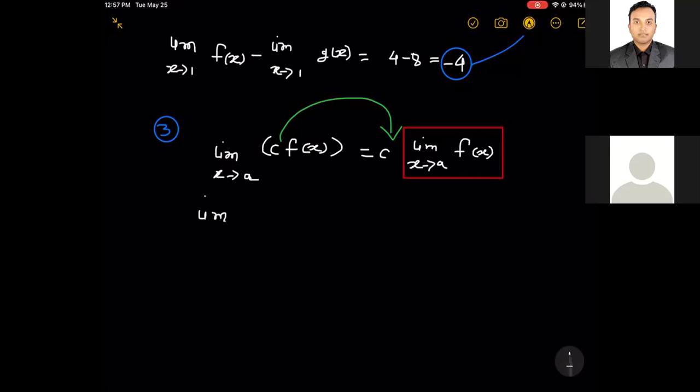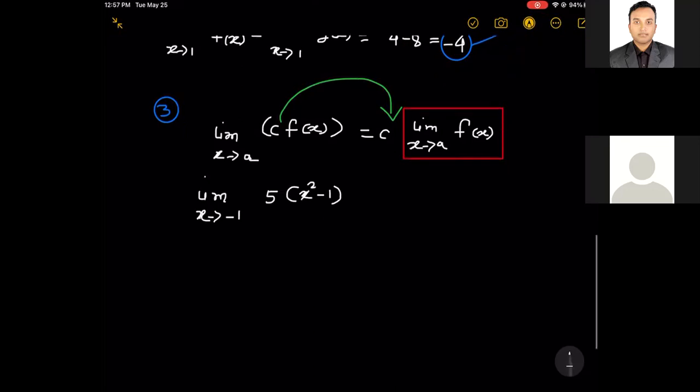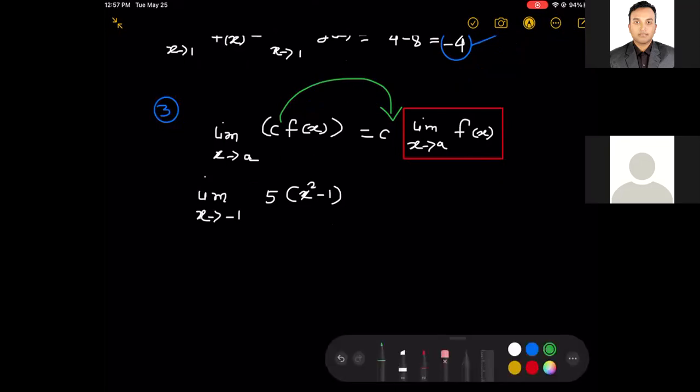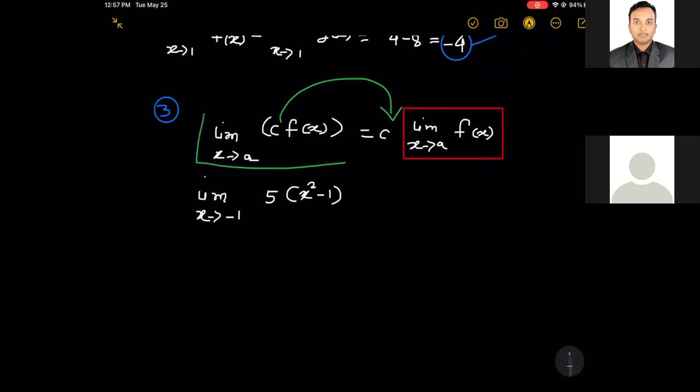Okay, let's take a more complicated function now. Let's say the limit as x tends to -1 of 5 times (x squared minus 1). Okay, let's try this one now. First of all, let's find the left-hand side.